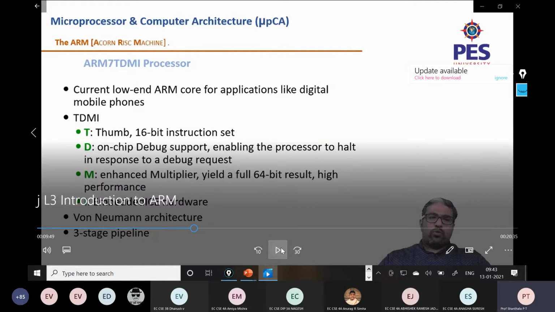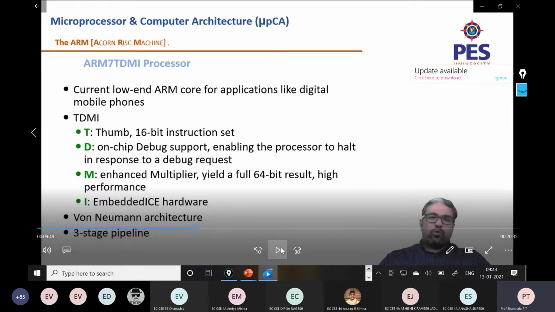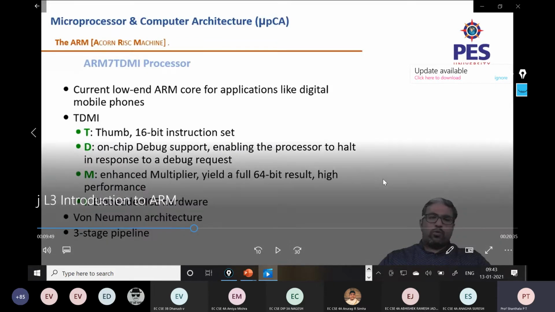The previous slides explained the different ARM processors. We have main processor types like CISC and RISC machines. In that we are going to study the ARM processor, but in ARM itself we have several versions of the processors. In our study we are using ARM7, the ARM7TDMI processor.